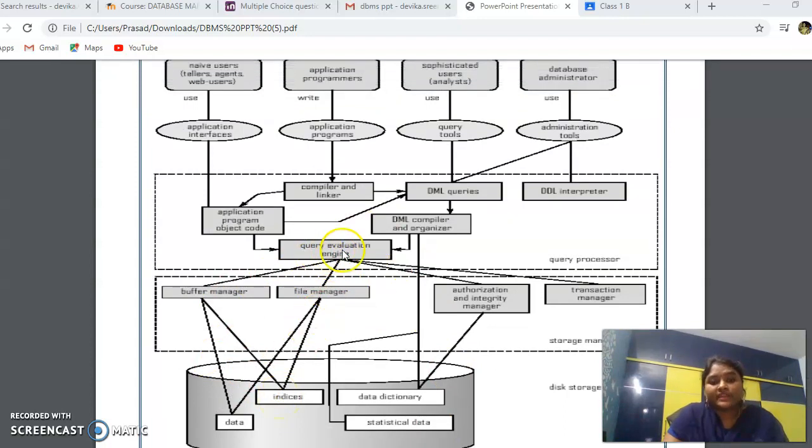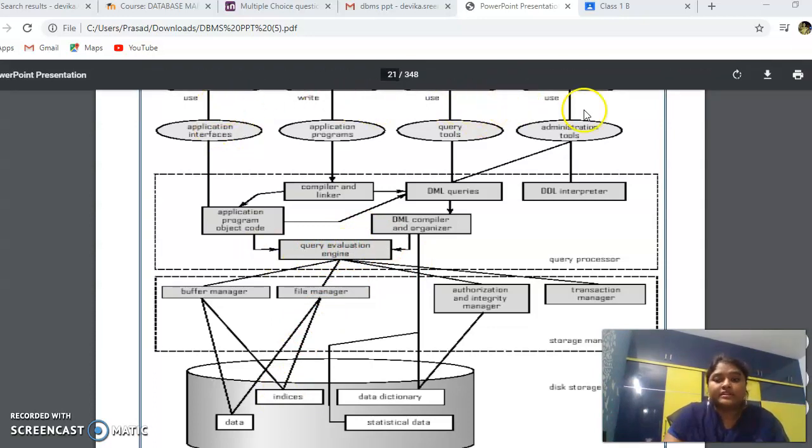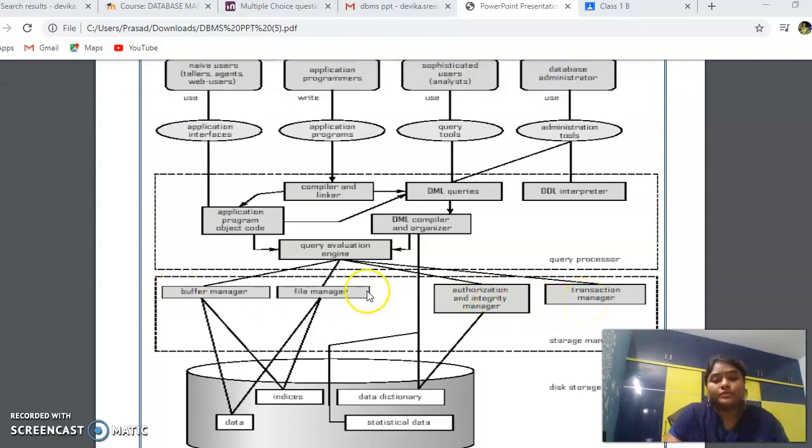When the query evaluation engine processes this data, it doesn't directly interact with the database, but interacts with the buffer manager, file manager, authorization and integrity manager, and transaction manager respectively, in order to get what is needed by a particular user. Each manager has its own significance.